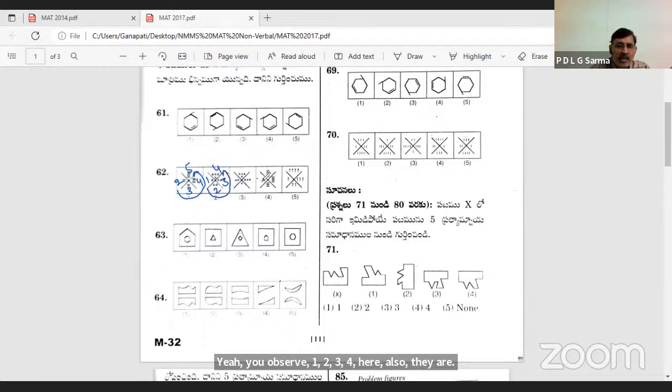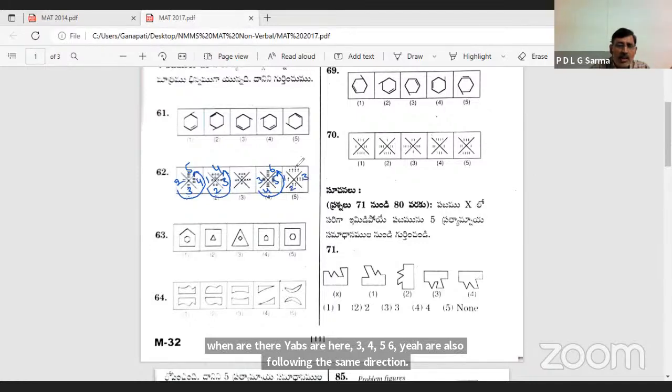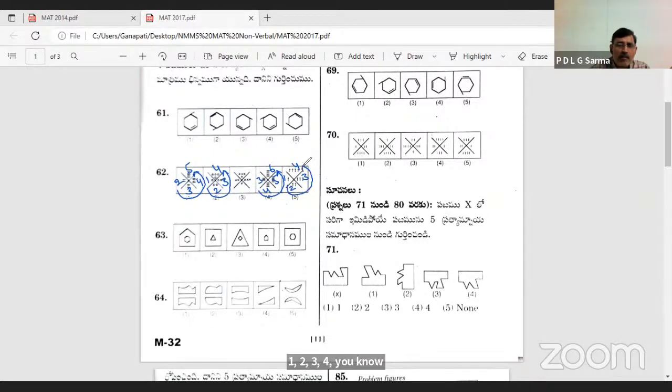You observe here 3, 4, 5, 6. They are also following the same direction. Here 1, 2, 3, 4. Here also they are following the direction. But here you observe 1, 2, 3, 4. Right? You can see that they do not follow specific order.